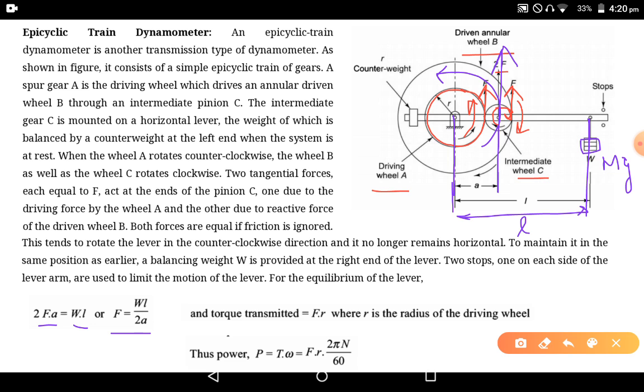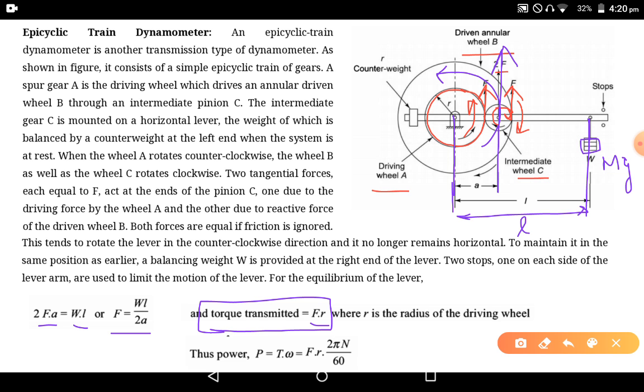So now we can write the equation of the torque which is being transmitted. The torque will be given by the force which is acting at the periphery of the driving wheel multiplied by the radius of the driving wheel, right. So the torque being transmitted is given by F into R. Now this torque being transmitted can be equated with the power.